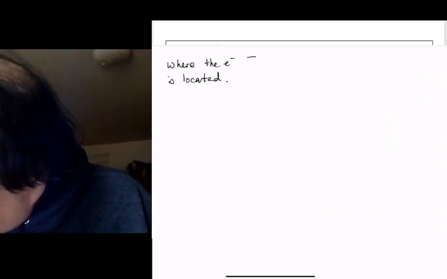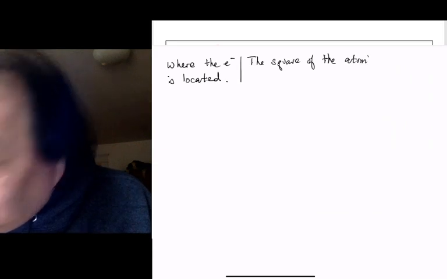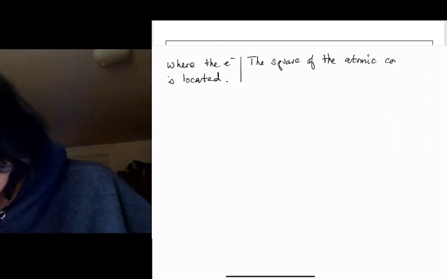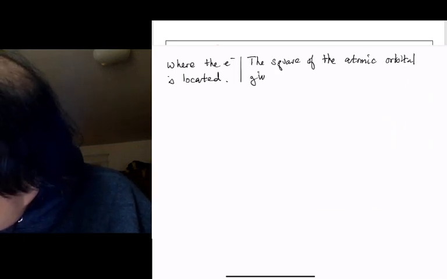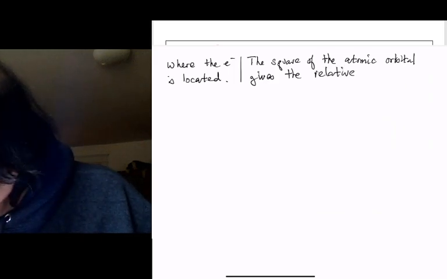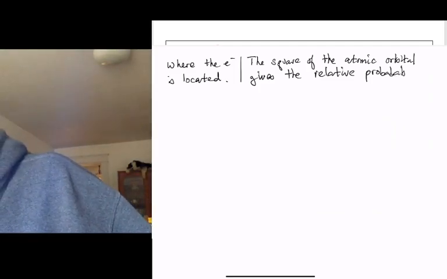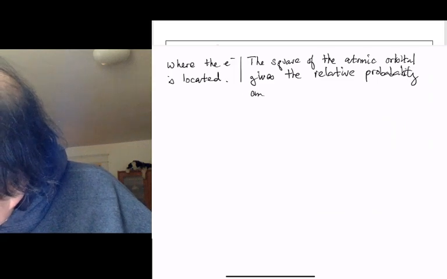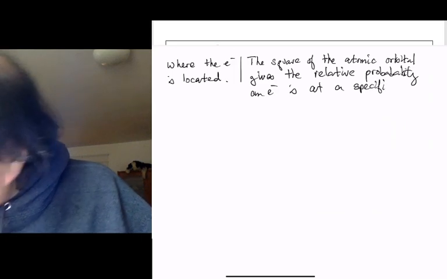The square of the atomic orbital gives the relative probability an electron is at a specific position.